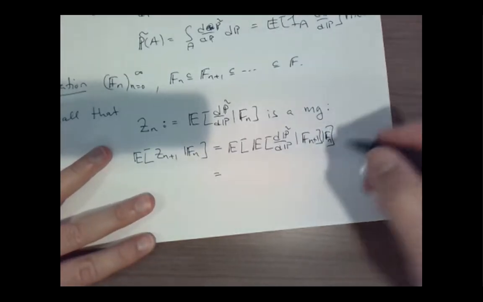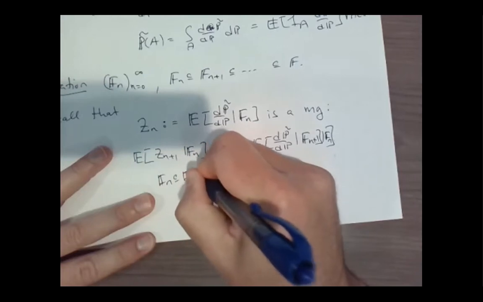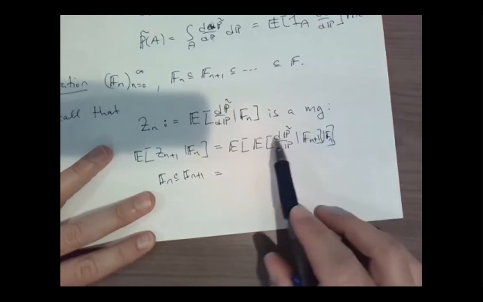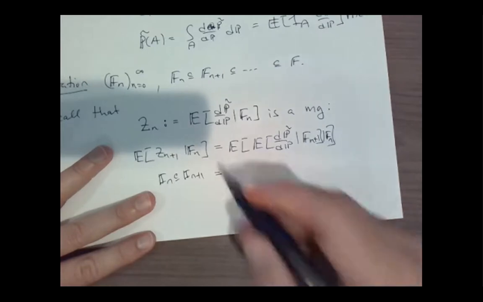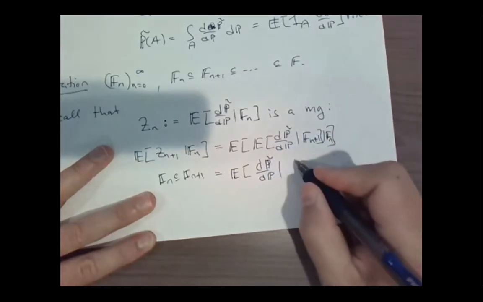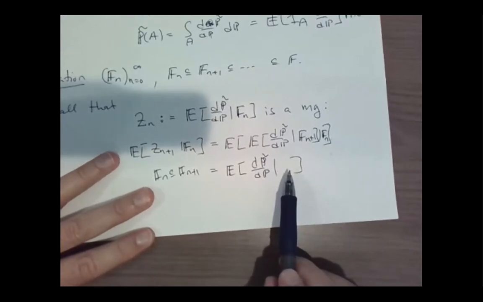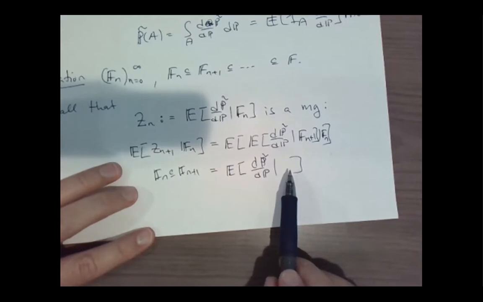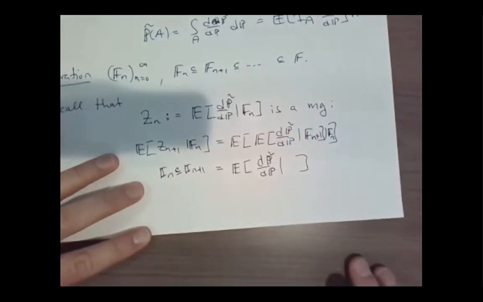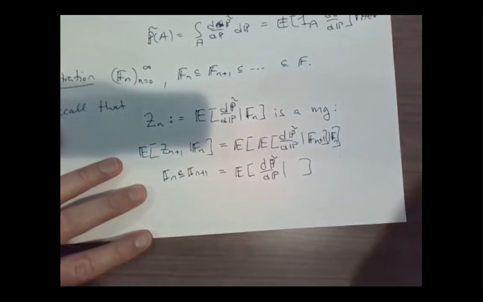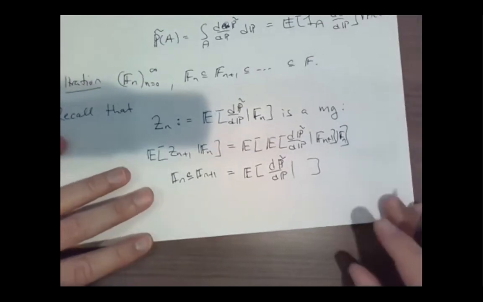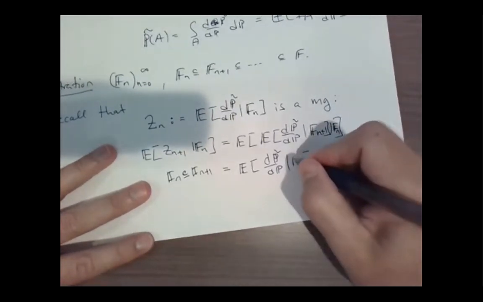Fn is inside Fn plus 1. I have a conditional expectation of a random variable given one, and then I compute the conditional expectation of that conditional expectation given the other one. Which of these two here will win? What should I write here? Fn, very good. This will be Fn.